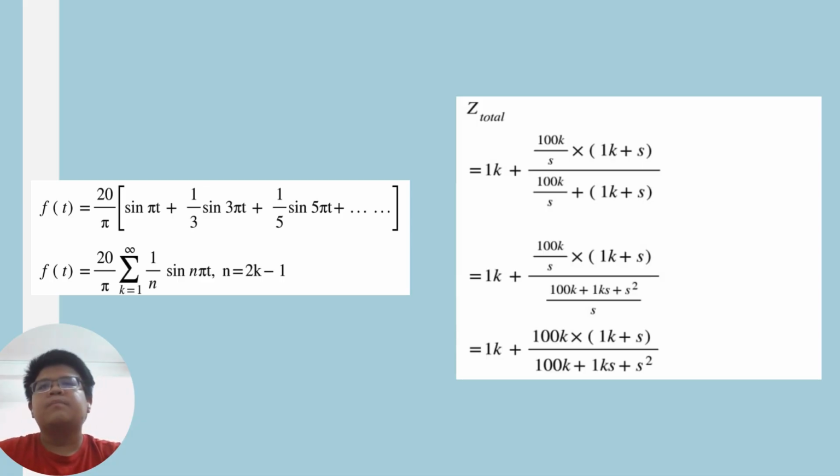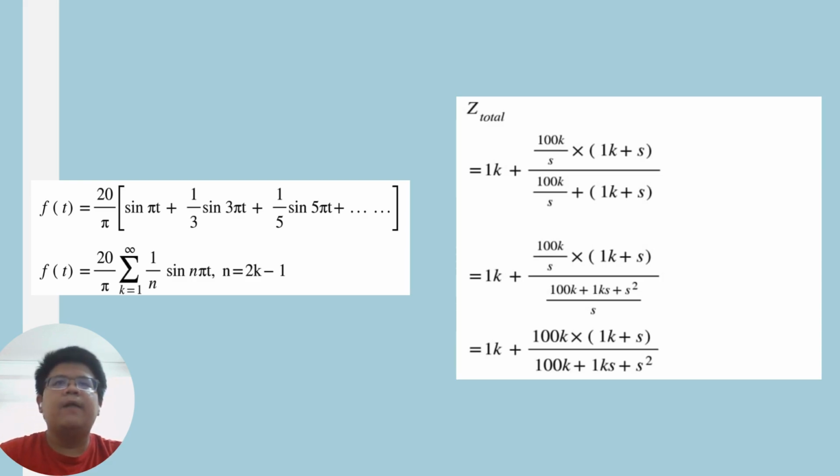Furthermore, we can write this equation as f(t) equal to 20 over pi, sum from k equal to 1 to infinity, of 1 over n sine n pi t, where n is equal to 2k minus 1.